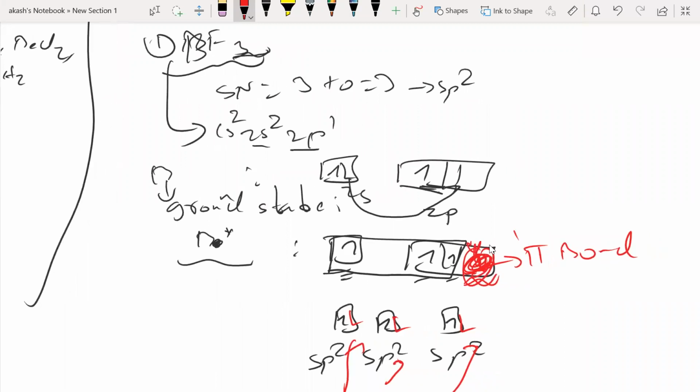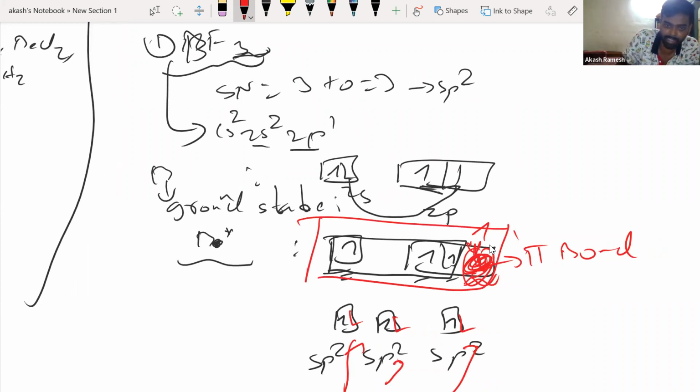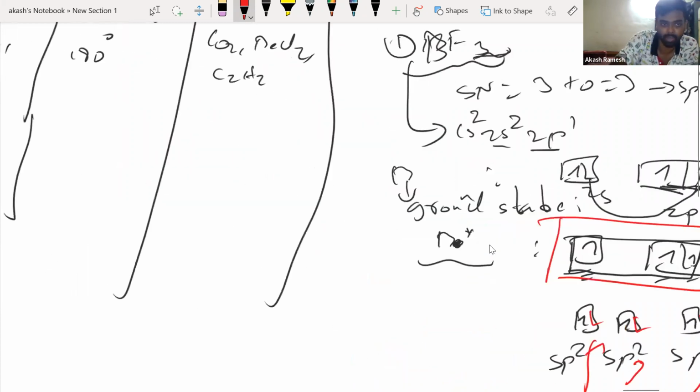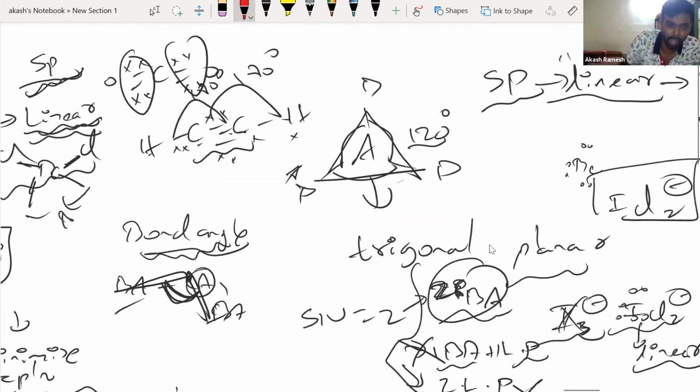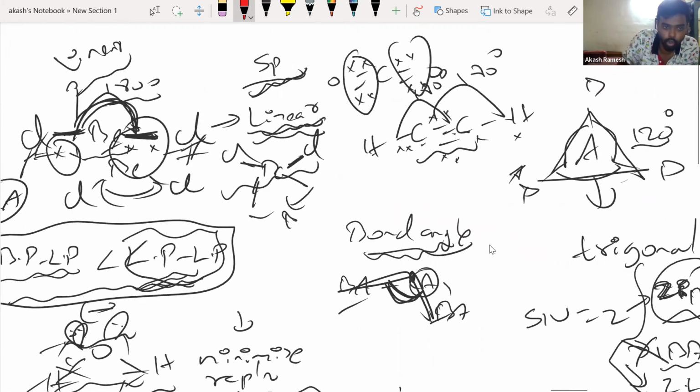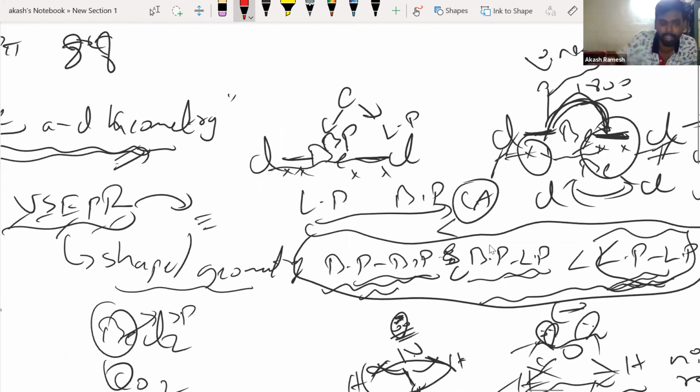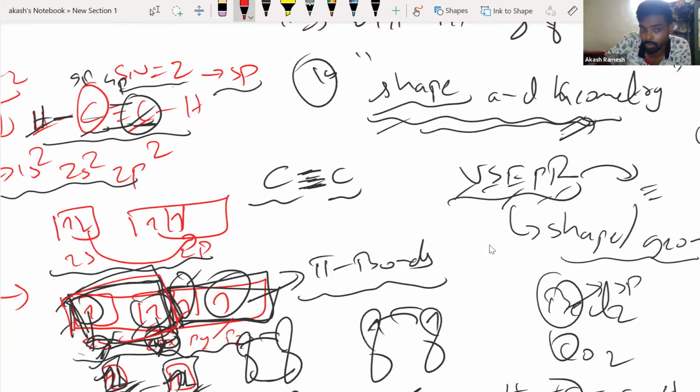Sir, then it would form sp3, right? Not necessarily. Just because I have an unpaired electron, it is not necessary that we take the entire thing. We have seen the case where you had 3 unpaired electrons but took only one of them, and the other 2 are still there to form pi bonds. That is also a possibility. Just because you have unpaired electrons, you don't have to take all of them.